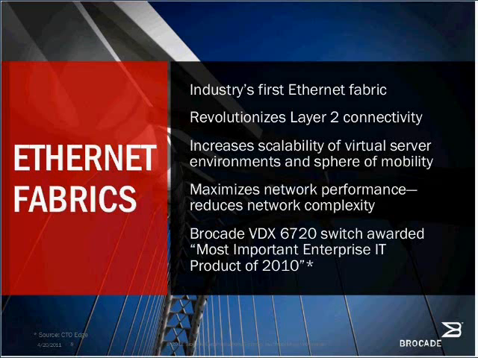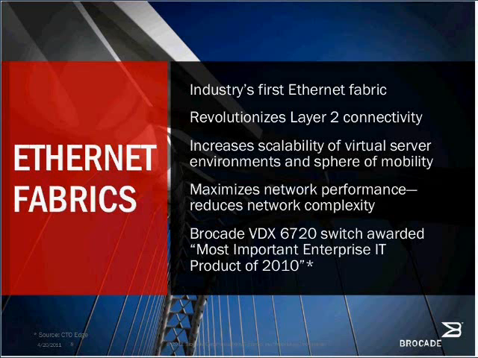It maximizes the network performance. It's a multi-pathing architecture through the fabric that makes it highly resilient and also maximizes performance. And the products were also awarded the most important enterprise IT product of 2010 by CTO Edge.